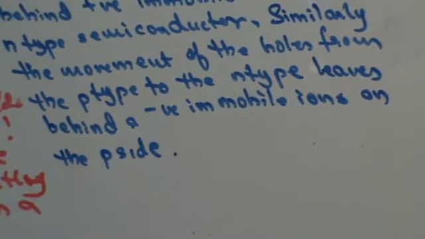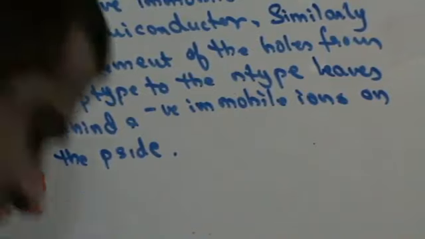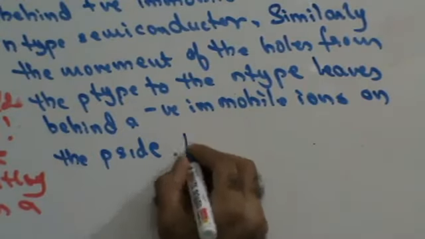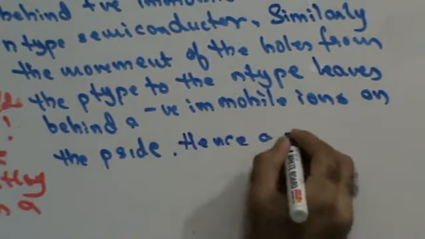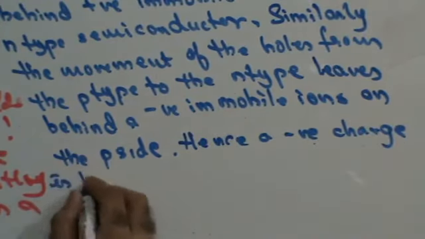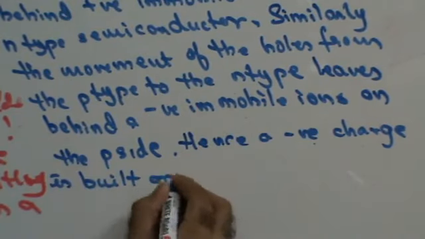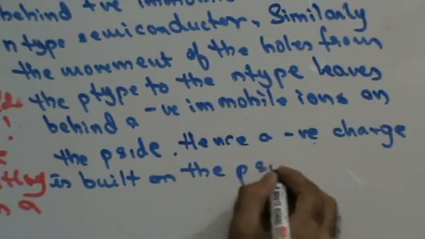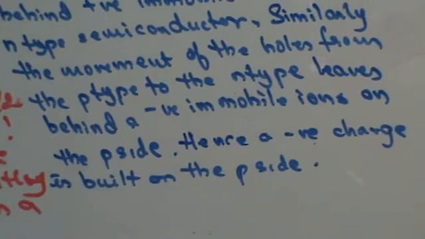Right? Now, hence a negative charge is built on the P side. Fine, do we get this thing here?